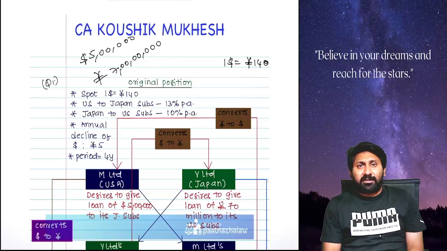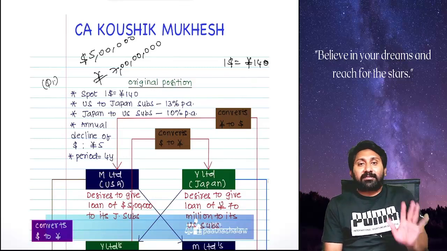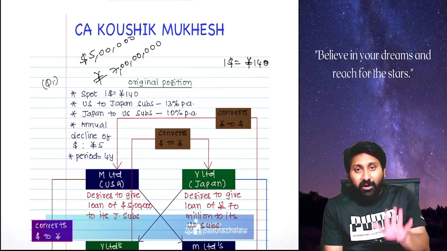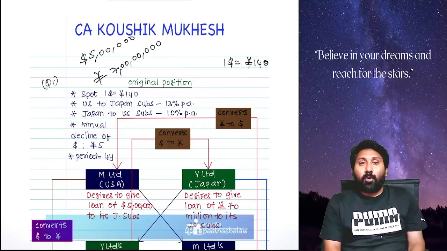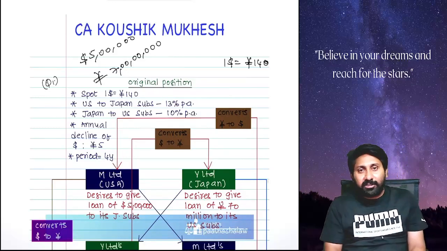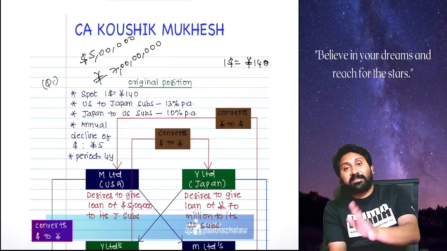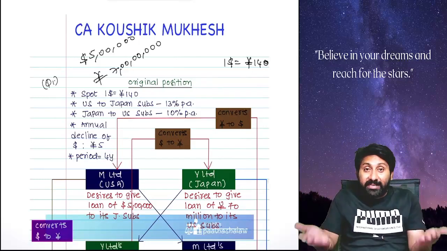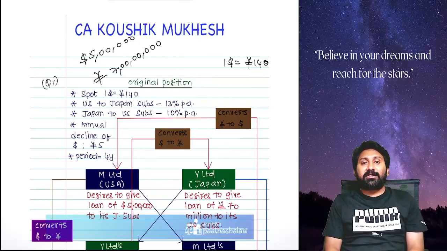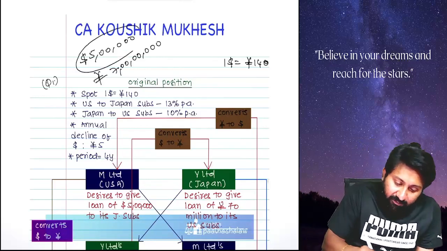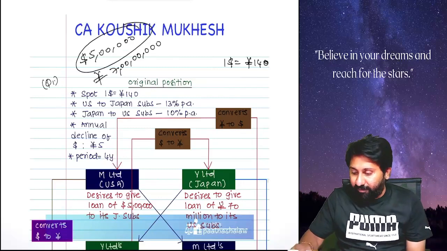What do you mean matching? This parallel loan transaction is possible only if no one is at a greater advantage, no one is at a worse disadvantage. Both of them should be equally placed in the agreement. What does it mean? I will give you an example. How many dollars did D Limited want to give? 5 lakh.